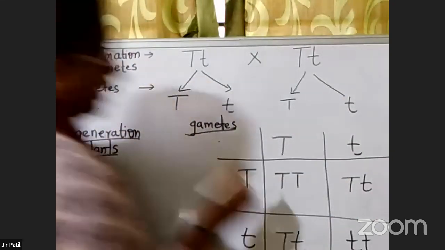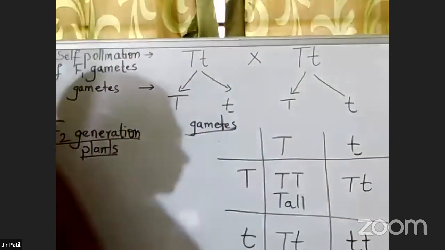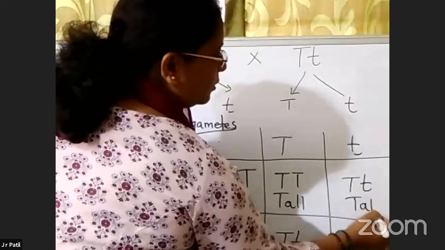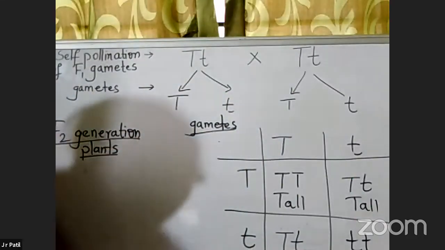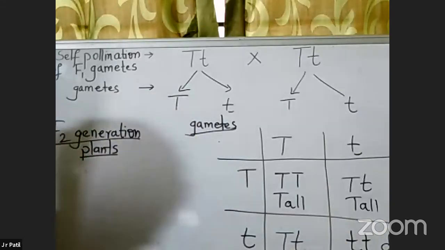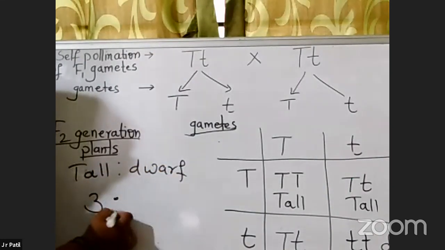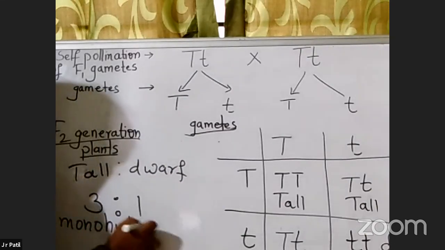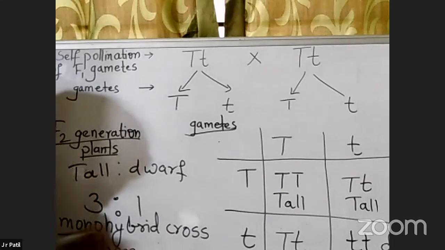Two pure tall gametes means definitely this plant will be tall. Here, one dominant character, capital T, is present, so tall. Tall. Tall. Now tell me the last one. Dwarf, ma'am. So 3 tall to 1 dwarf. That is 3:1. This is called the monohybrid cross ratio.